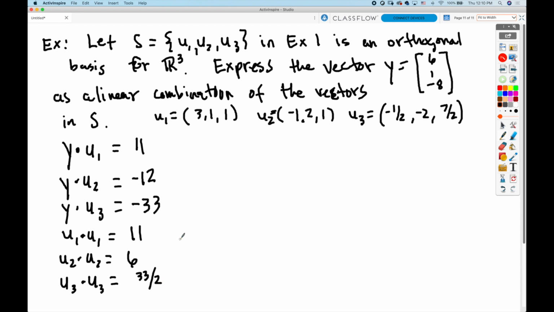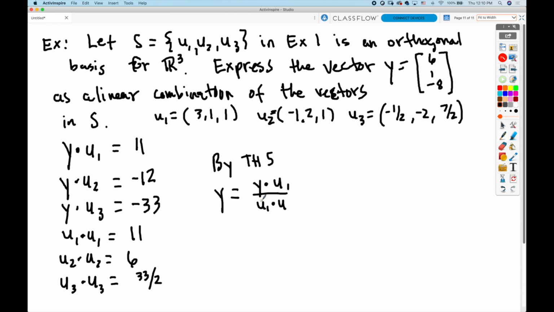Okay. And so by theorem 5, we have that y is equal to, all right, and so I need c1 u1, which is given by y dot u1 over u1 dot u1. That's how I find my c1.